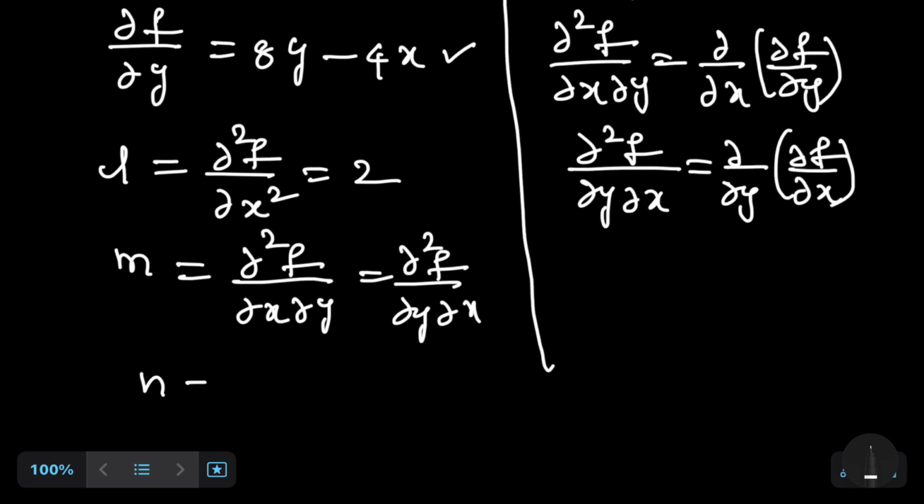And n = ∂²f/∂y². Differentiating ∂f/∂y again with respect to y gives 8.